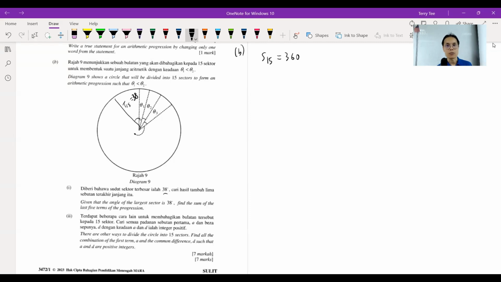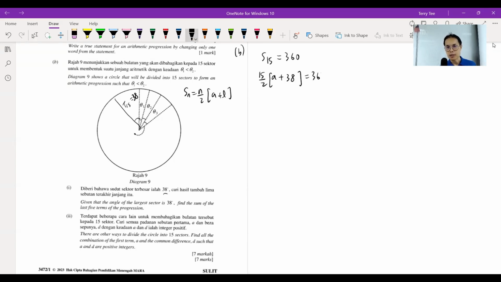So we can use the formula Sn equals to n over 2 (a plus l), where l is your last term. So 15 divided by 2, a is something I don't know. I want to find the first term. Okay. The last term is 38.